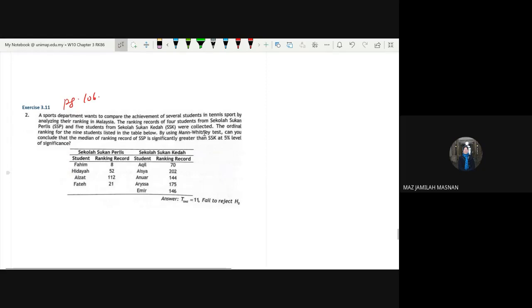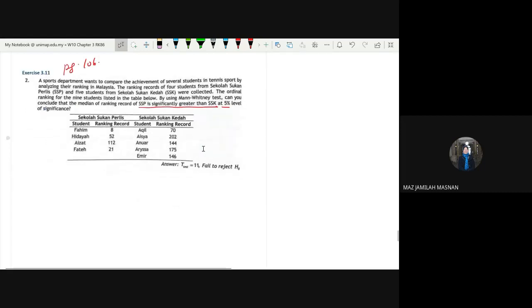By using the Mann-Whitney test, can you conclude that the median of ranking record of SSP is significantly greater than SSK at 5% level of significance? So you know that you are dealing with a one-tailed test, that is a right tail test. Let us begin with the solution.